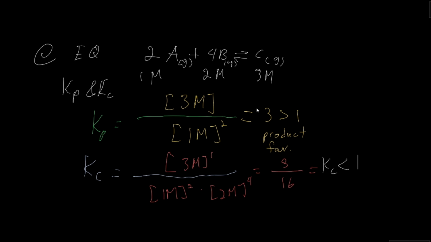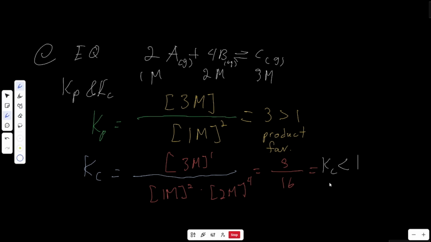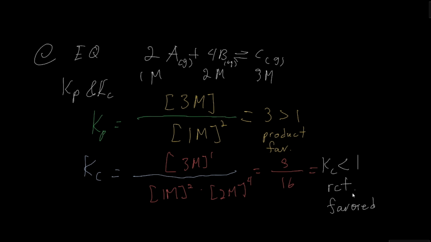Kc takes into consideration the concentrations of gaseous and aqueous species. So it's saying that this is going to be reactant favored, instead of product favored like the gas is. We're comparing concentration here, so there's generally more reactants on the left side than there are products.